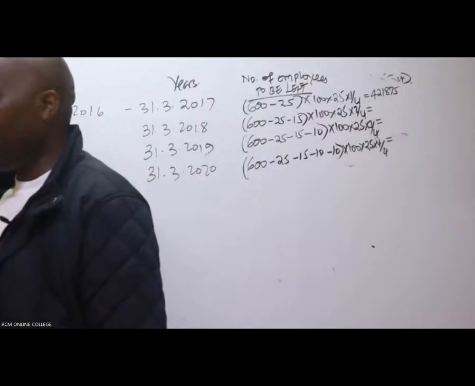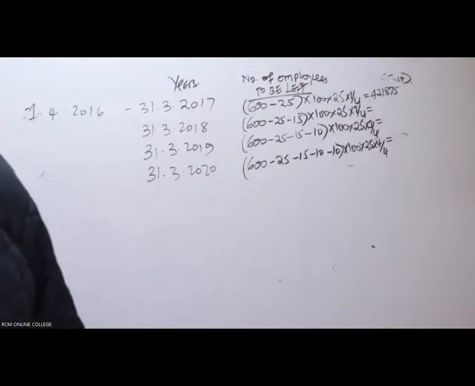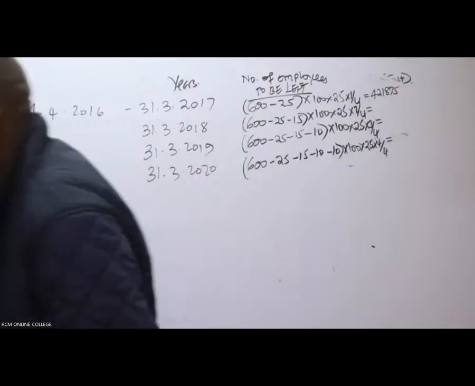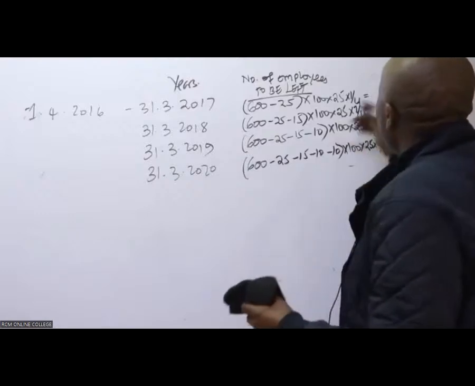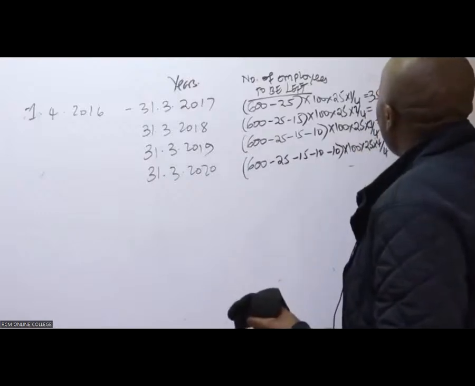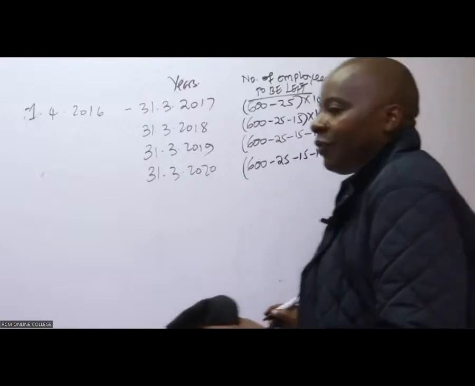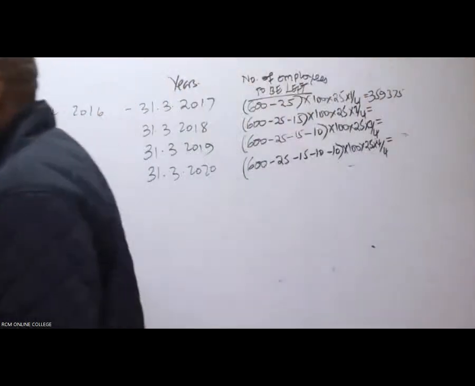Oh, Abraham has given me a different figure. 359, 375. Let's check again. 359, 375. Thank you very much.